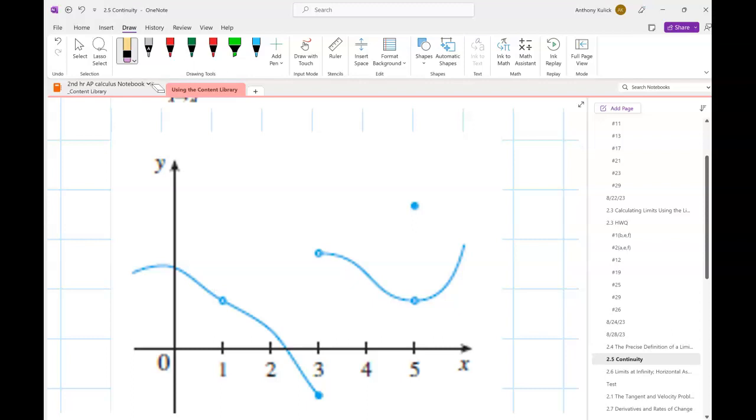That's a removable one, where there's just a point missing. What point is missing? Well, there's no value at 1, right? There's not a filled circle at 1. Whatever this y coordinate is, say it's 1, the point (1, 1) isn't there. You'd need that point for the function to be continuous there. If that was filled in, then yes, you'd have continuity.